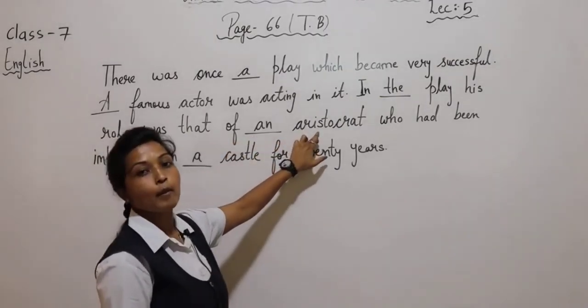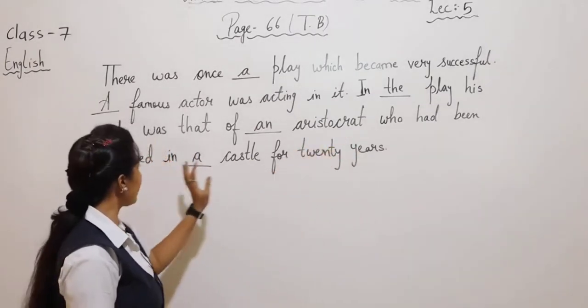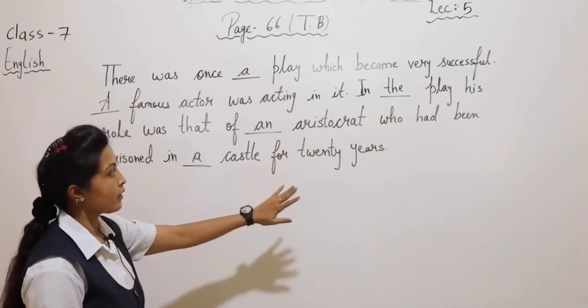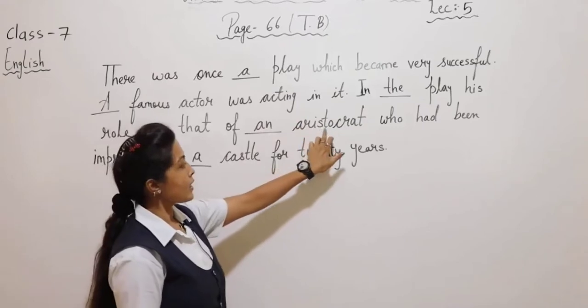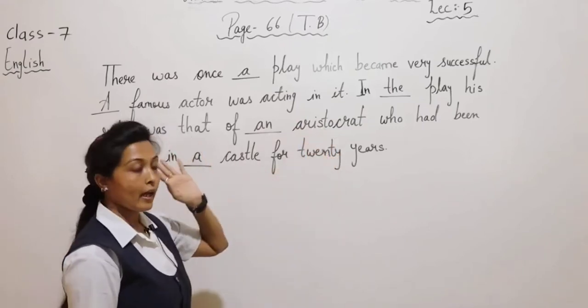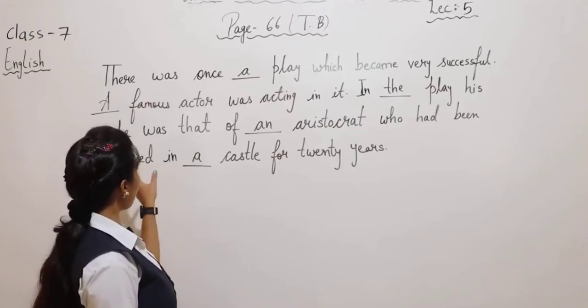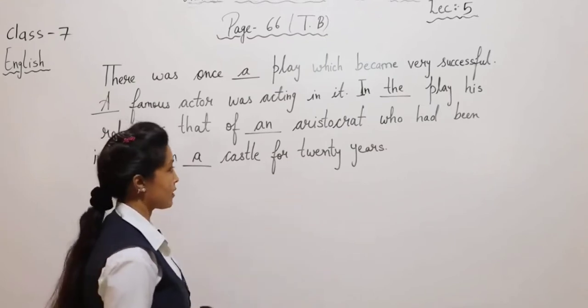Aristocrat, that means a member of aristocracy, okay, who had been imprisoned in a castle for 20 years. So in that play his role is an aristocrat, and in that what is there in that play? It imprisoned in a castle for 20 years.